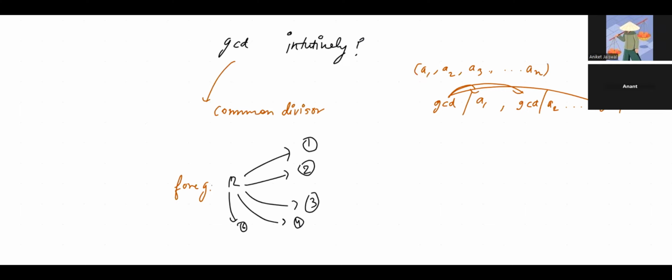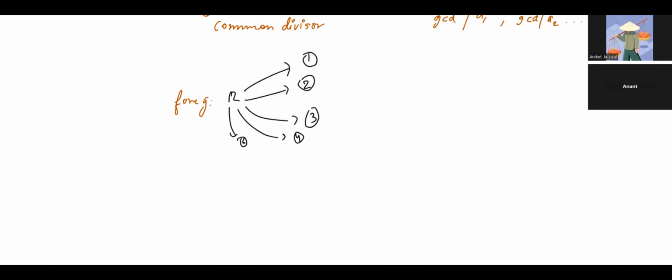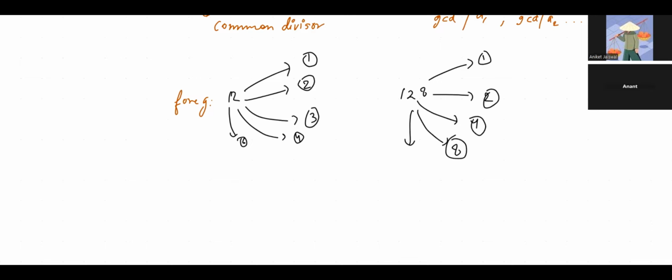Let's take a bigger number, 128. So 1 divides 128, 2 divides 128, 4 divides 128, 8 divides 128, 16 divides 128, 32 divides 128, also 64 divides 128, right?